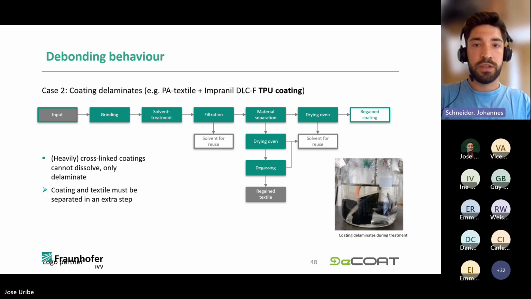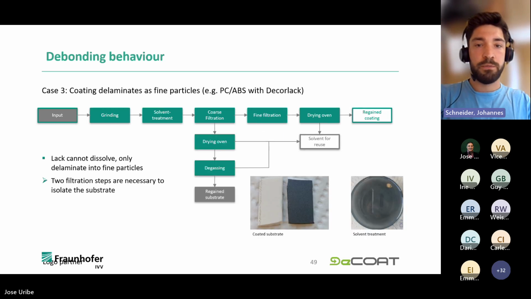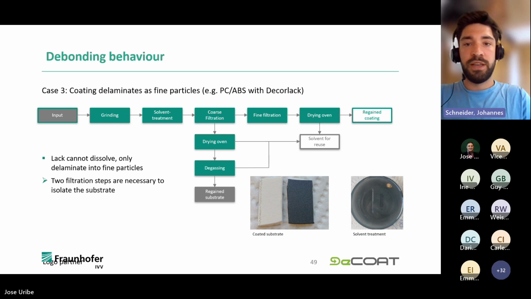The third debonding behavior that we observed was that the coating delaminated as a fine, it looks like a powder, that goes into the solution. So it's removed from our substrate, but it's not totally dissolved. It's still there in our solution, but it's like a fine powder.